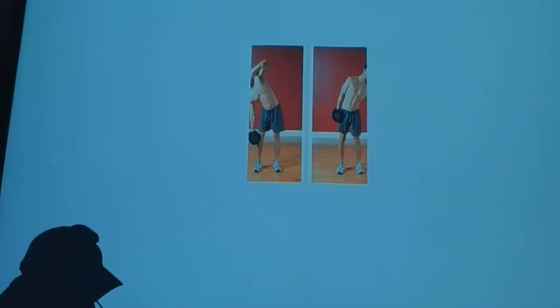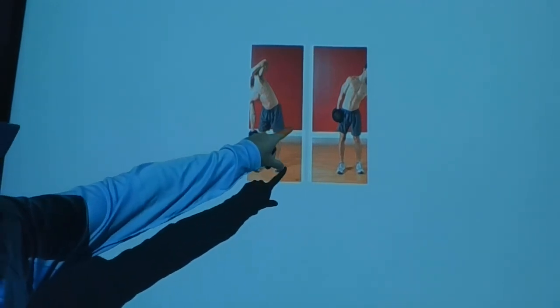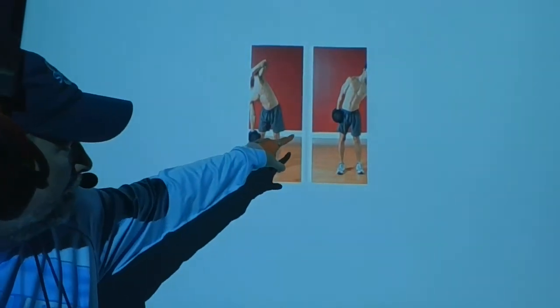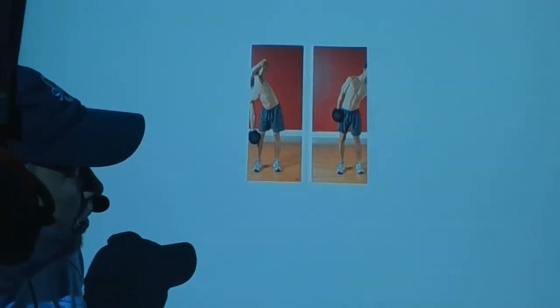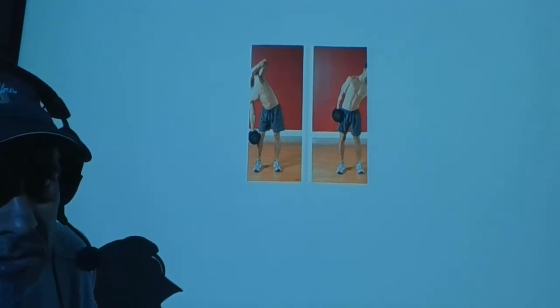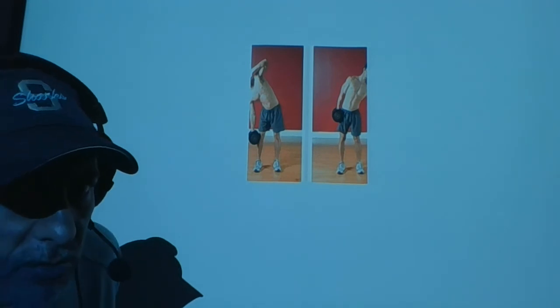Here's one that I could see if you really understand. I can give you, hey, if we go from this picture to that picture, there's going to be eccentric work. That's true. And you're going to have right lateral trunk bending. That's also true. So again, I could try to mislead you, but I'm really trying to see if you know your stuff.